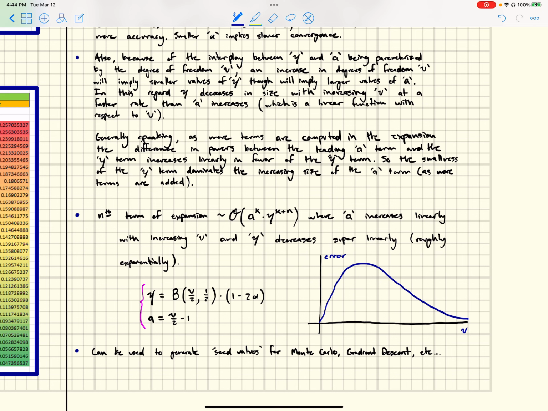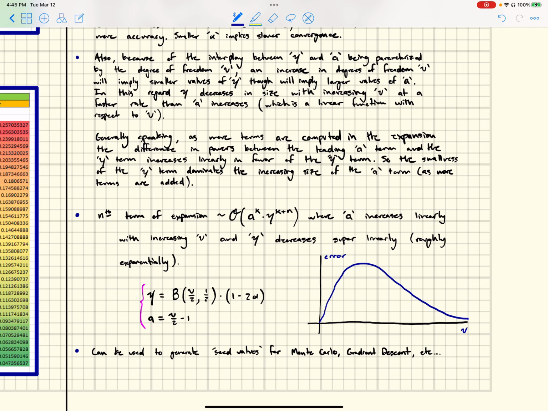Okay, so the other thing is, if you want infinite precision, one of the nice things you can do is use a formula like this to generate really close seed values that you can then use in another method like Monte Carlo or gradient descent.